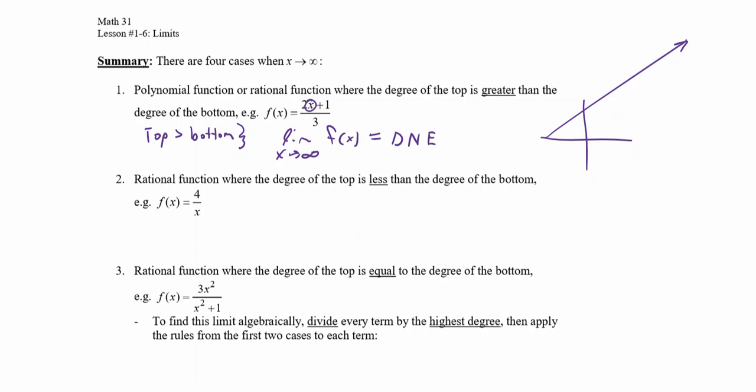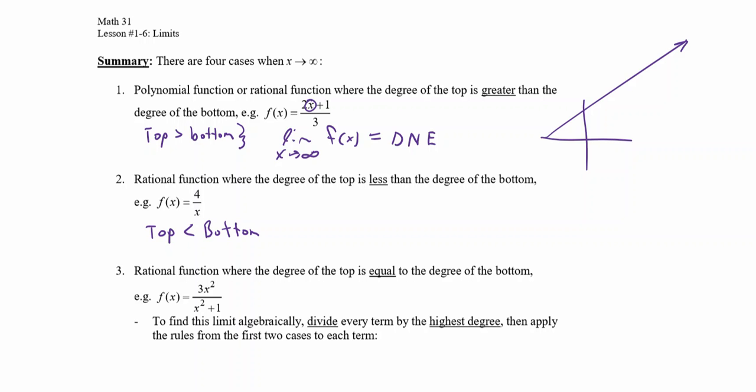Okay, now if you have a rational function where the degree of the top is less than the degree of the bottom, right? So in this case, the top is less than the bottom. Then what are we going to have here?